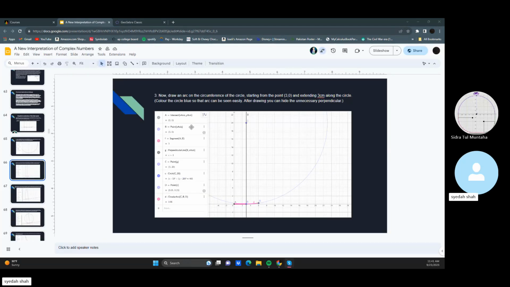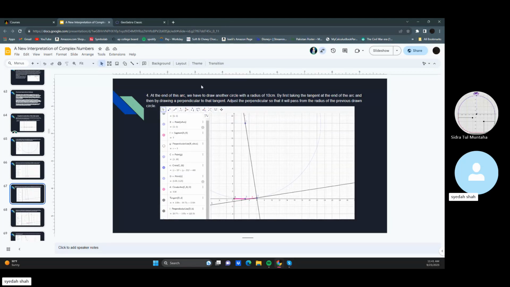Okay, so I did this. Now at the end of this arc, we have to draw another circle with the radius 10 centimeters by taking the first tangent at the end of the arc and then drawing a perpendicular to that tangent.